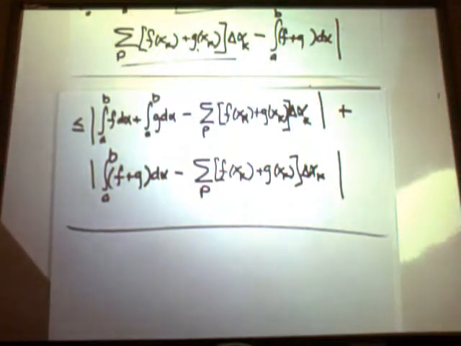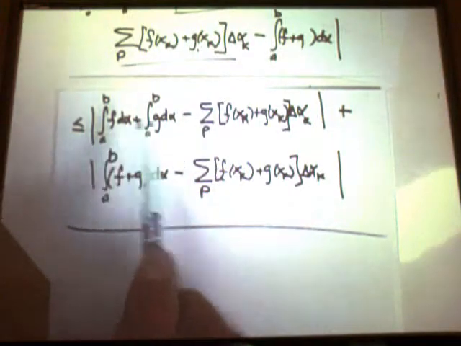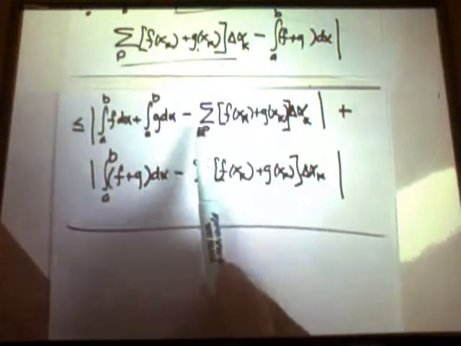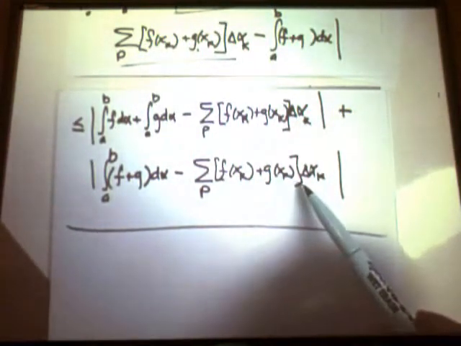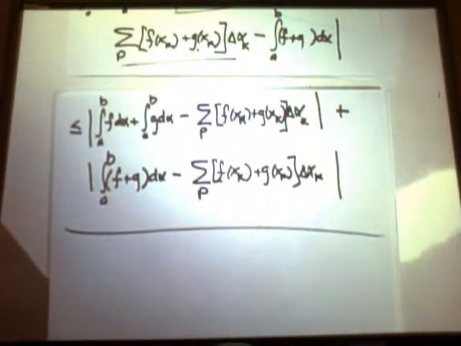Now, the sum, we don't know about the additivity in the integral, but we sure know about additivity in sums, right? We can take this sum apart and leave this one together.